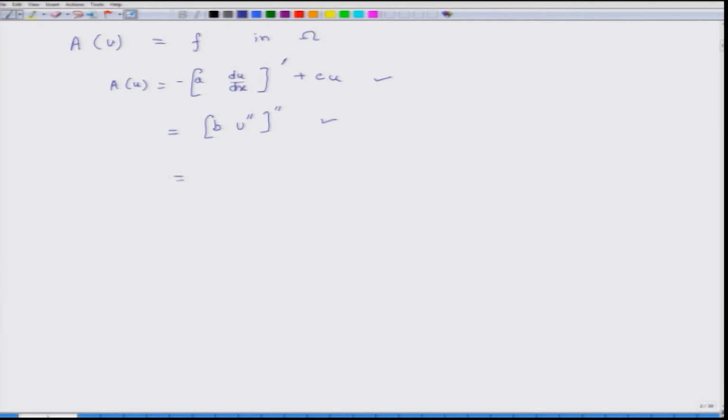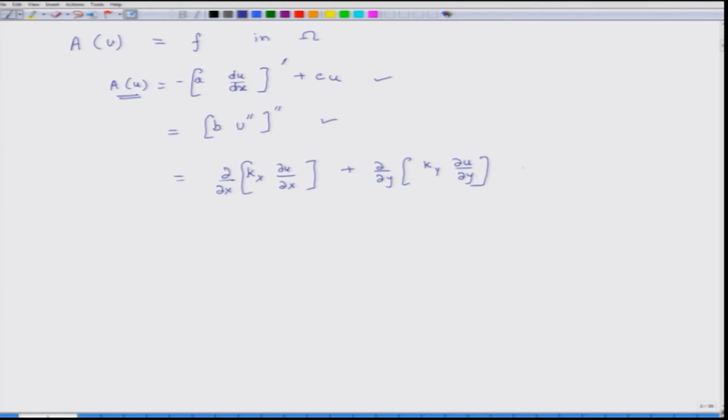Another variation of this A could be the derivative with respect to x of some constant k x times del u over del x, plus the partial derivative with respect to y of some function k y times del u over del y.